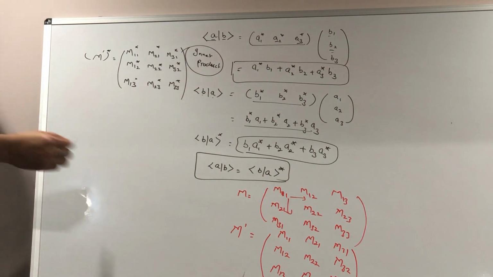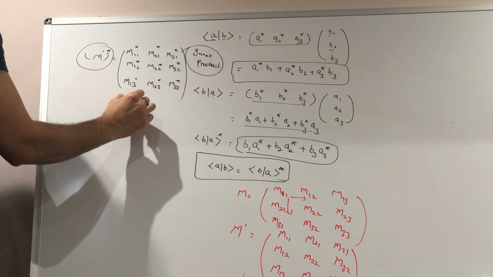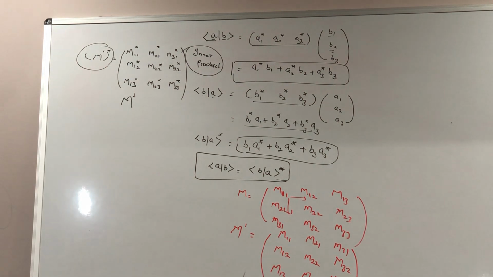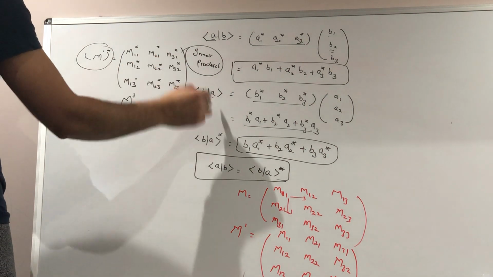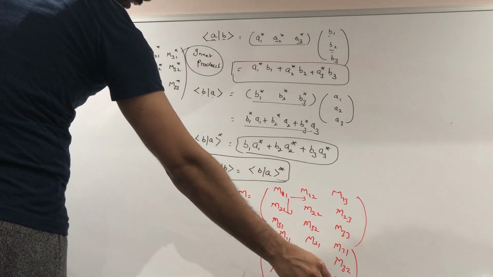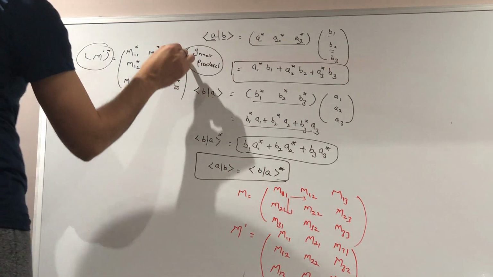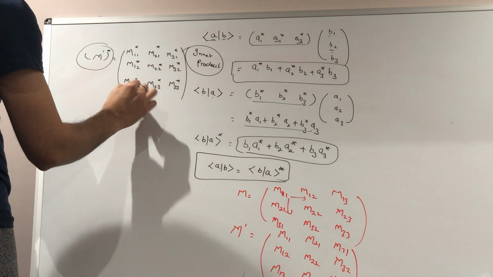So this is the transpose conjugate of a matrix. We represent it as M dagger as well. M dagger is the transpose conjugate of a matrix. So when we do these operations, I'm taking the transpose and then taking the complex conjugate of this matrix, I get the M dagger matrix.